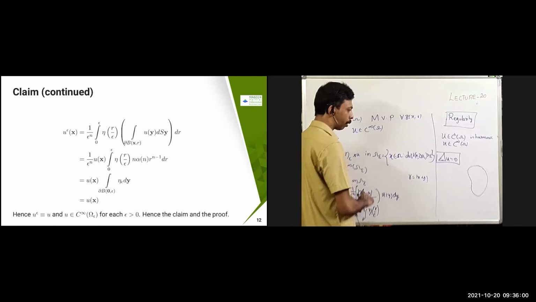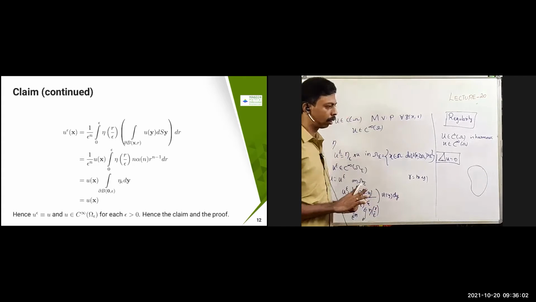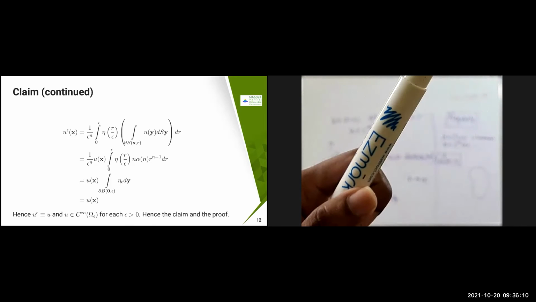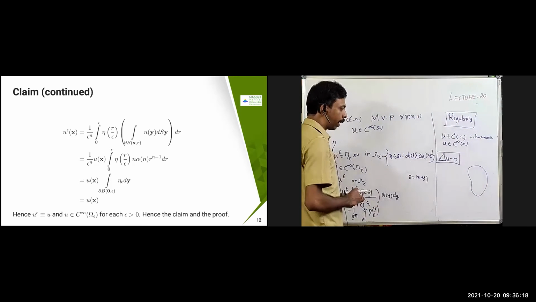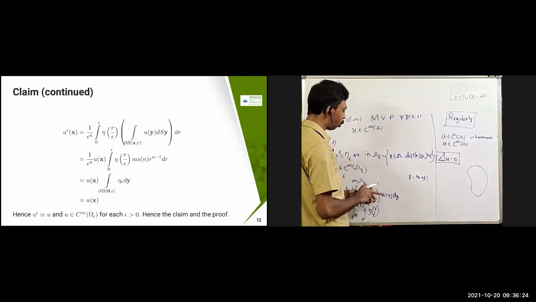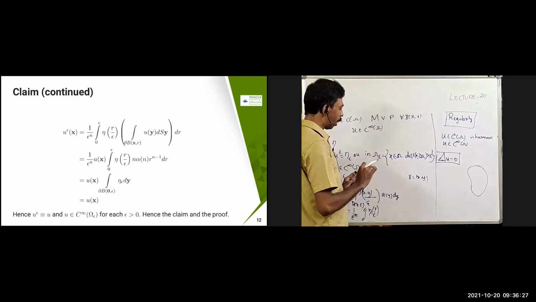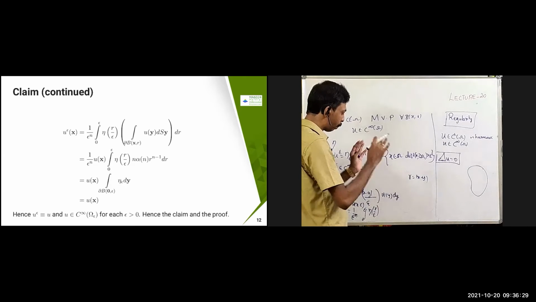Then I'm just going to apply that. Now I'm going to apply the mean value property here, because you know from the mean value property that u of y can be written as an integral over the boundary.